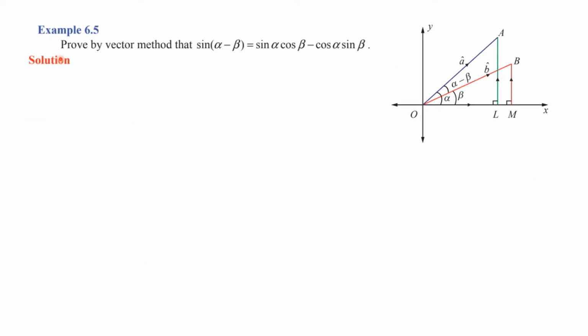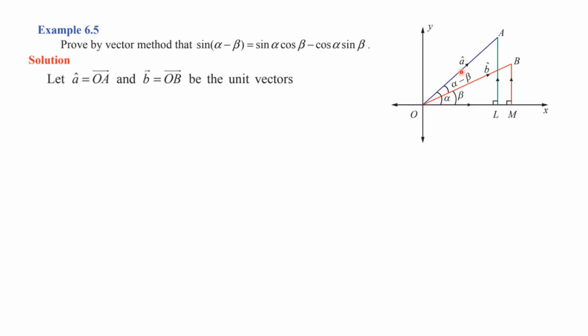In our last problem, let's prove by vector method that sine alpha minus beta is equal to sine alpha cos beta minus cos alpha sine beta. To do this, let us draw vector A and vector B as unit vectors.